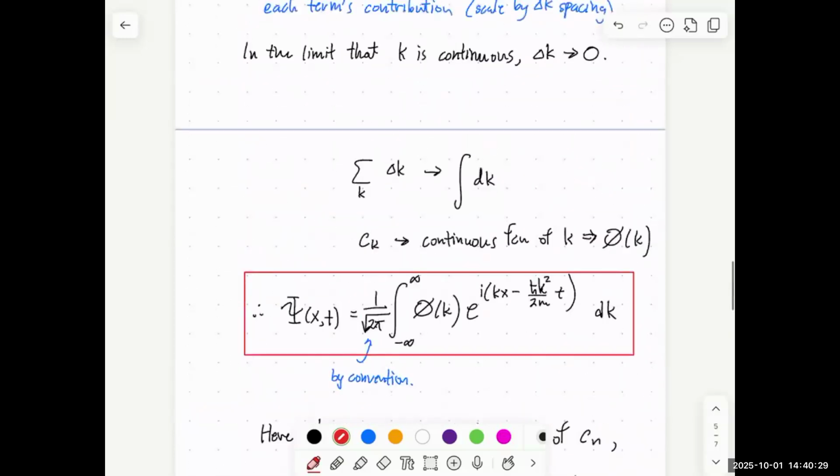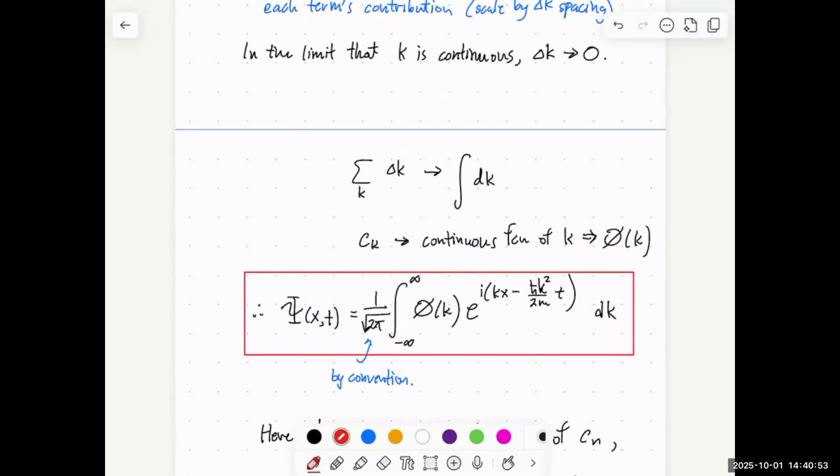Now let's go back over here. And here we have the opposite. I have a function of k I stick into an integral. We can forget about the time dependence for this discussion. So I multiply by some exponential, I integrate over k, and what's left is a function of x.